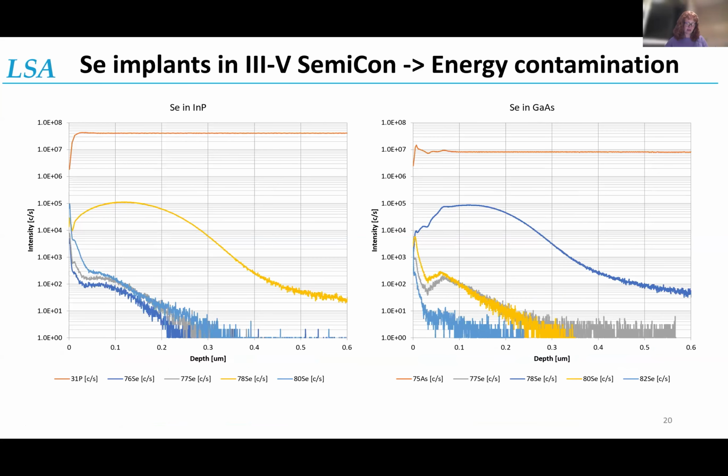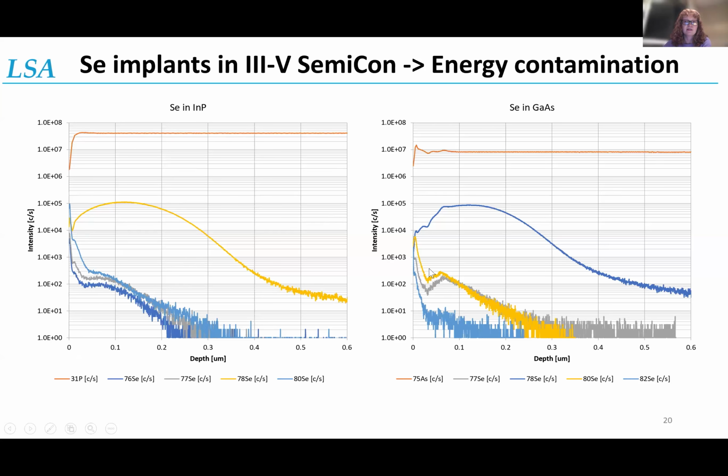And then the final thing that I'd like to talk about is energy contamination. So you can see we've got all the different masses of selenium being monitored through this depth profile, but they don't have this nice Gaussian shape that you would expect of an ion implant.